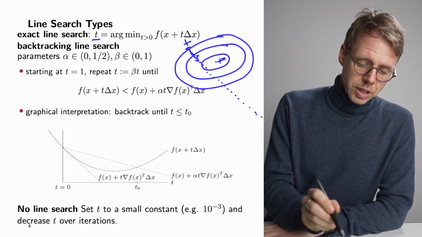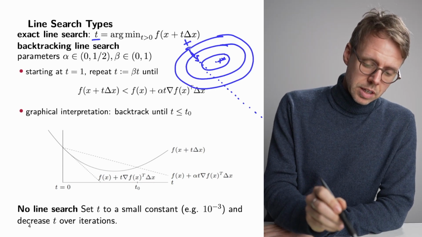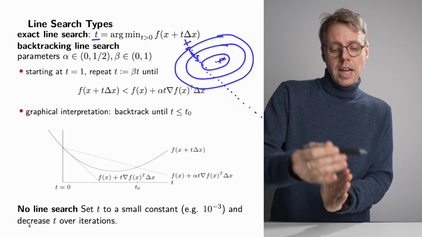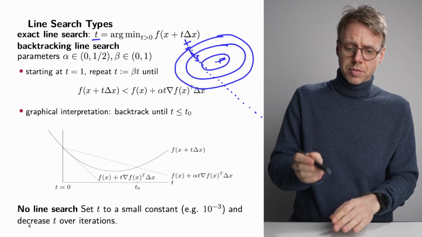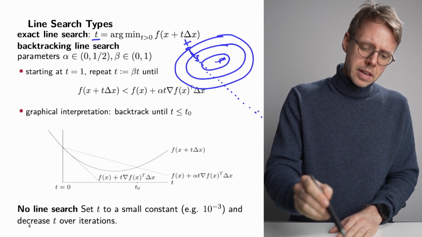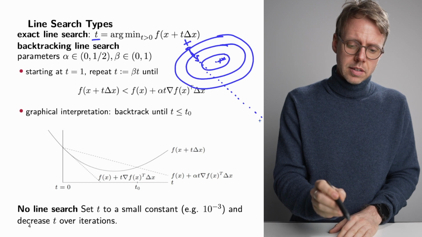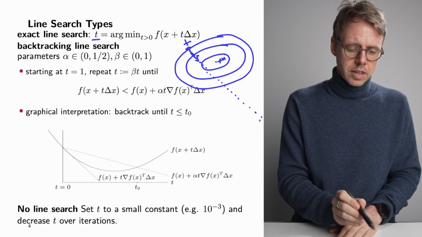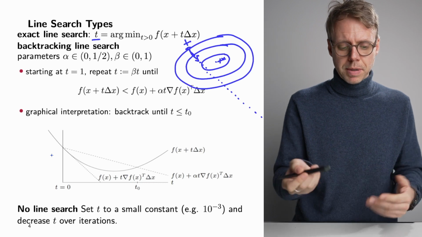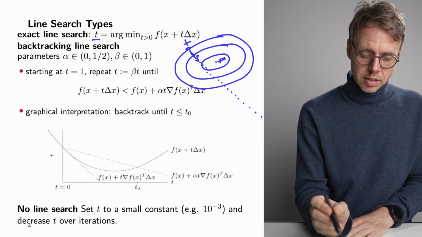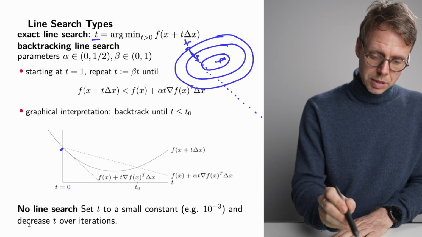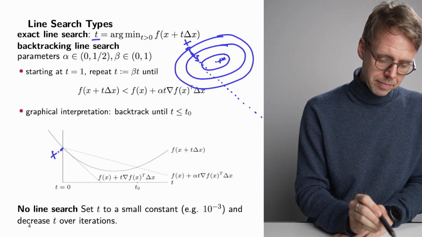And if you then display, basically you're cutting the graph of your function along this descent direction, you are ending up with a one-dimensional optimization problem such as this. And so basically starting here, this would be our current point x.